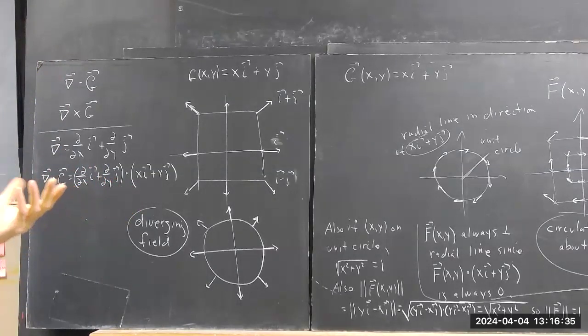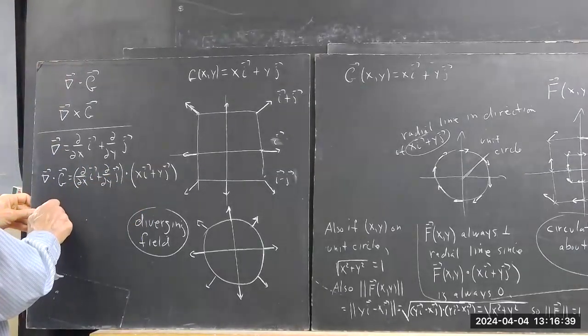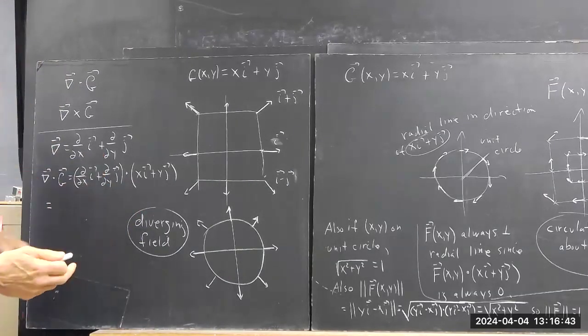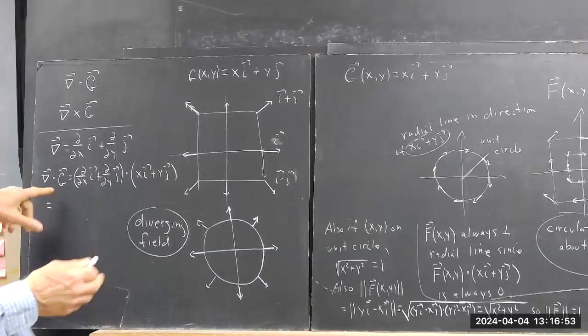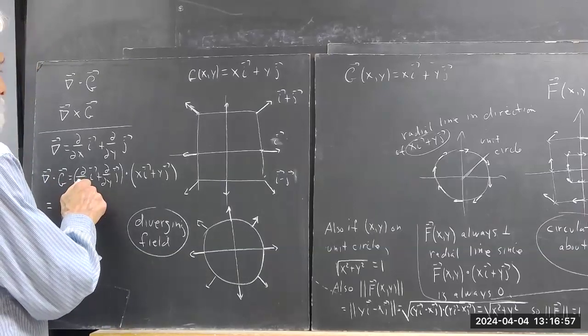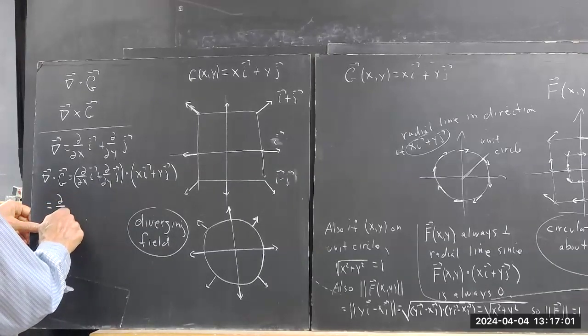Now you dot this with this. It means you're going to multiply, but that's not actually multiplication. This is not a vector, it's a vector operator, but it acts just like it was a vector, except it's not. It's like you do the partial with respect to x times the x, except it's not a multiplication, it's an operation.